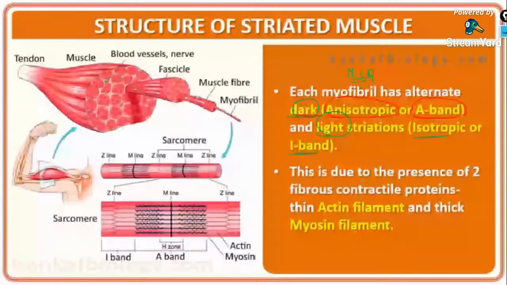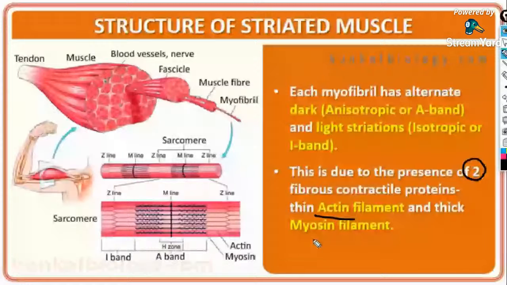This is due to the presence of 2 fibrous contractile proteins. Why does a single striated muscle consist of more than 1 type of striation? This is a frequent question. It is because of the presence of 2 different fibrous contractile proteins, that is the actin filament and the myosin filament.